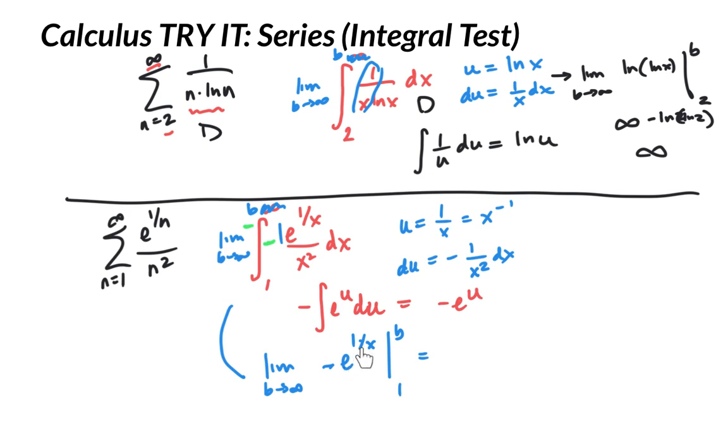E to the 0 is 1, so we've got negative 1, and then we subtract what we get when we plug in 1, negative e to the first. So we end up with negative 1 plus e, which is not a pretty answer, but it is an answer. Unlike the example from above where we got infinity, this is a number, so this converges.